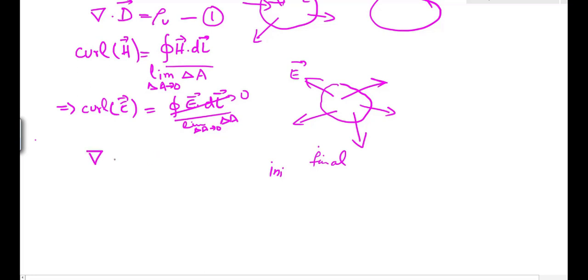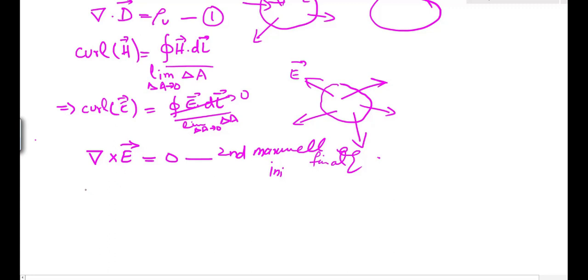And from here we can say that the curl of the electric field intensity is always 0, and this is your second Maxwell equation. Now what does this physically mean? This means that we have no rotation in the electric flux lines. The curl of the electric field intensity is 0, there is no rotation, the circulation of the electric field intensity will give you 0.